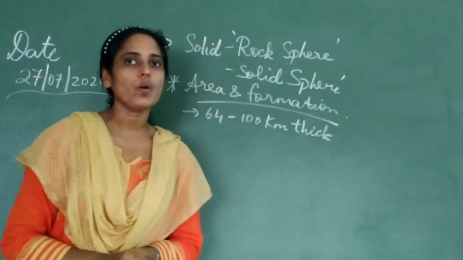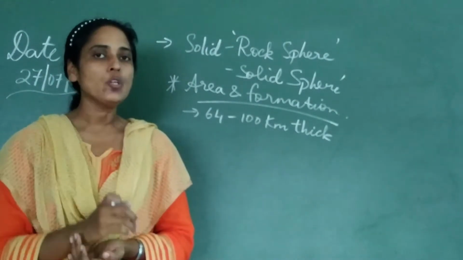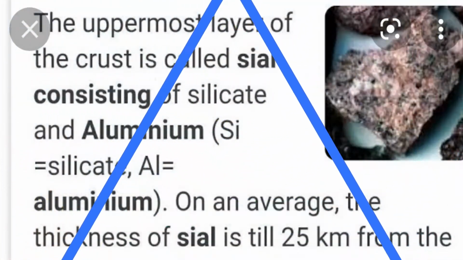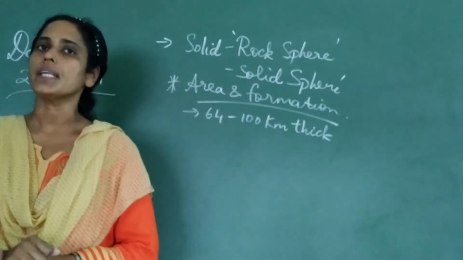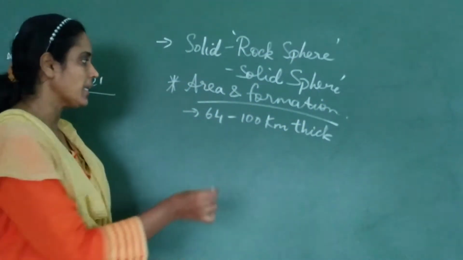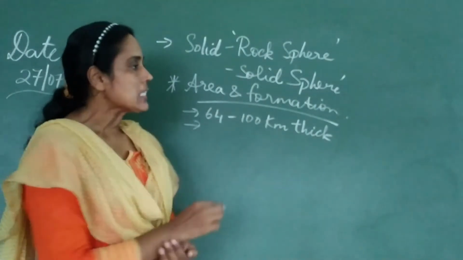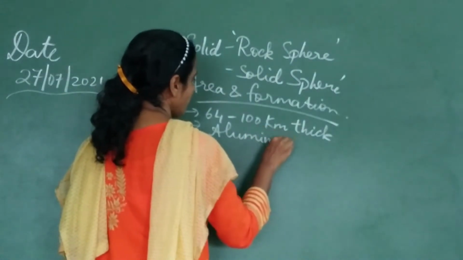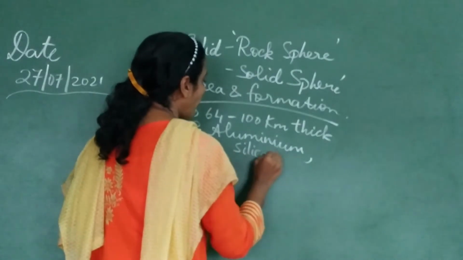And then the light matters like aluminium and silica are mainly found in this layer. This layer is thin in the deep sea. So you have two main things, aluminium and silica, found here.